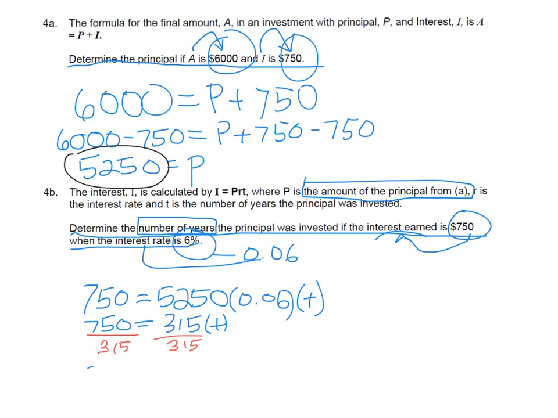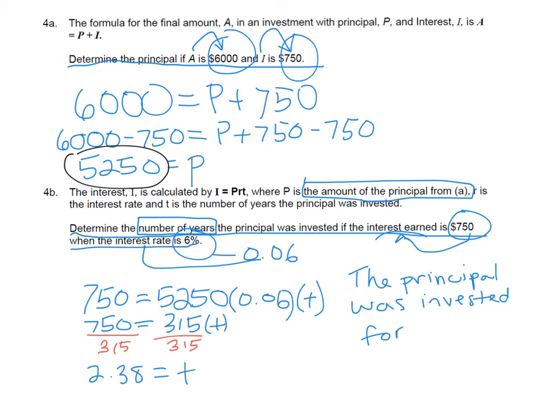So I can write down here 2.38 equals t. And then I can write out my answer. The principal was invested for 2.38 years.